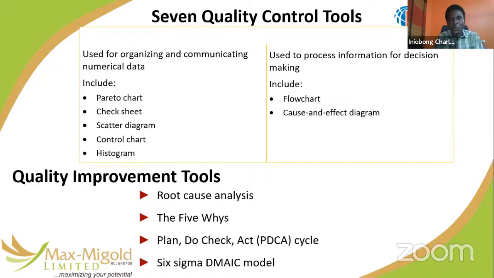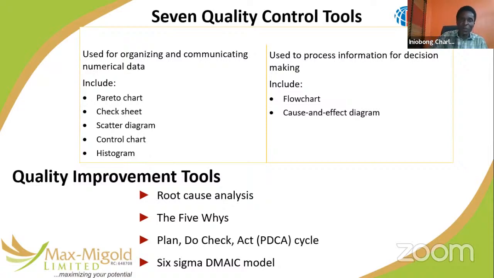For example, the root cause analysis. It's always important that it is not just enough for you to fix issues, which is expected of you all the time, but it's important to go a step further by carrying out root cause analysis. Root cause analysis helps you to identify not just the problem, but the cause of the problem.